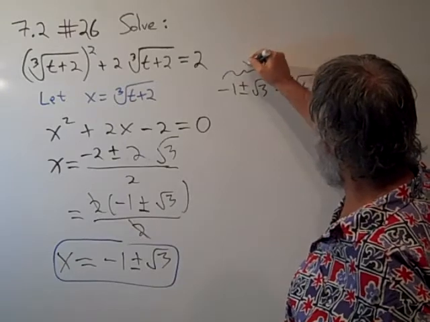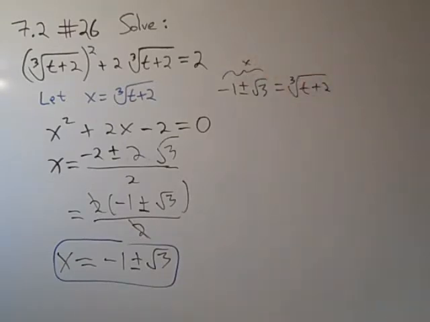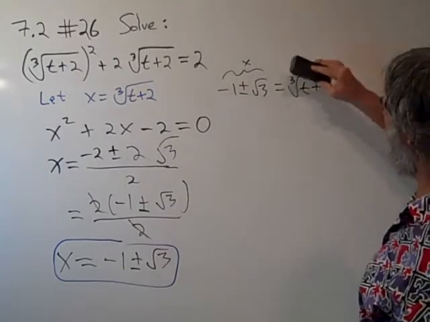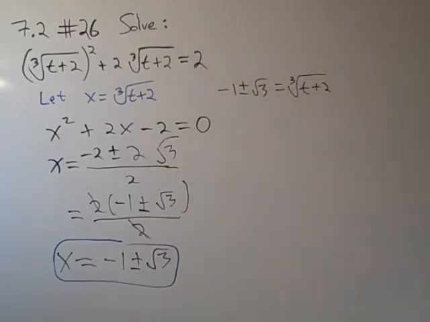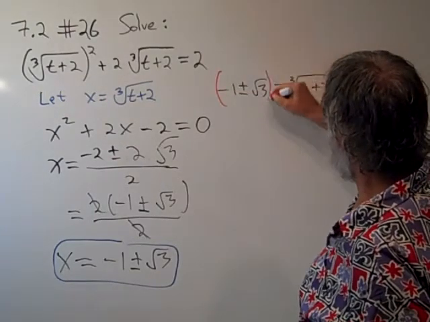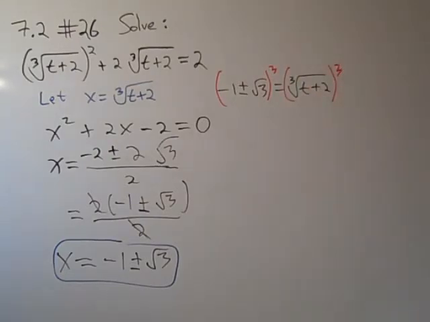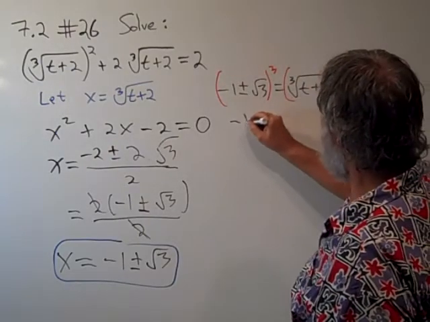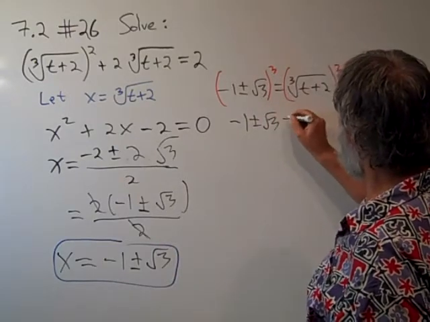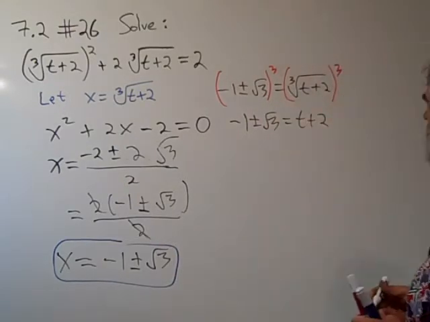So we have to raise each side to the third power to start solving this one for t. Cubing each side of this equation, we get that negative 1 plus or minus the square root of 3, cubed, is equal to t plus 2.